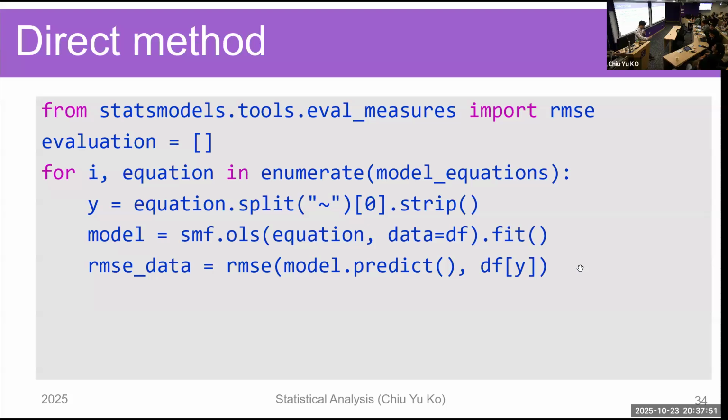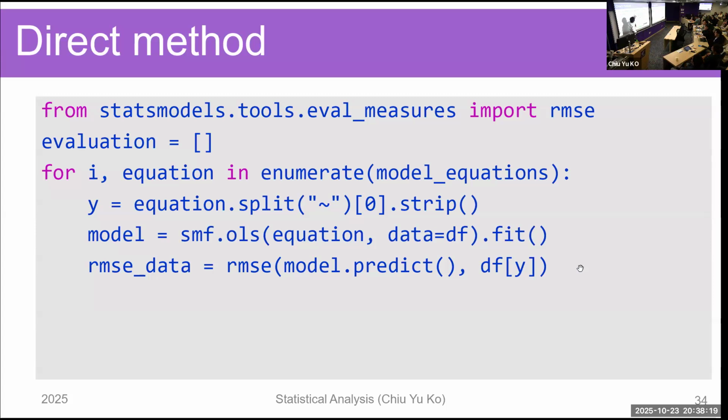Since many of you have seen it, I go very fast. We will use statsmodels, evaluate RMSE. You've seen this. We do the evaluation. Remember, our model has 5 regression equations, so we loop over a counter and an equation in this variable.